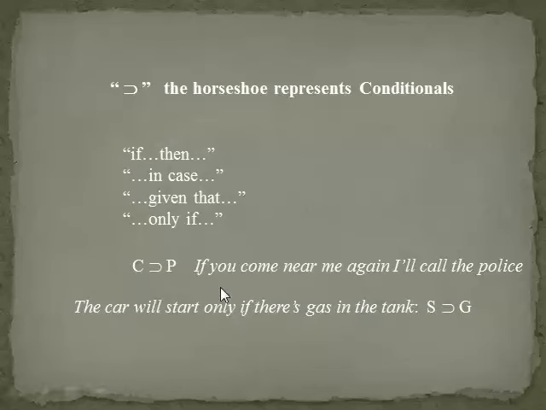Notice this, we'll have to talk about the kind of conditions we're talking about. Only if there's gas in the tank: gas in the tank is the consequent. The car will start is the antecedent. Only if is in the middle of the statement, and it goes where the horseshoe goes. If comes at the beginning of the statement, and it introduces the antecedent.